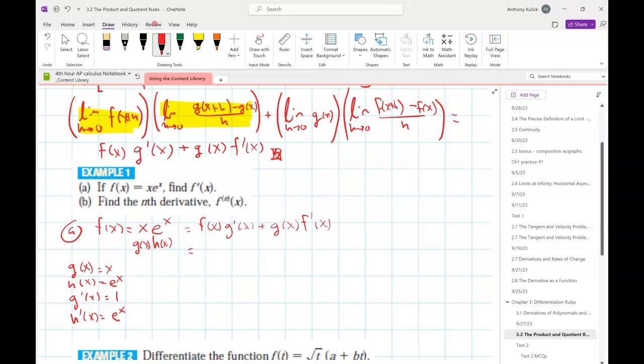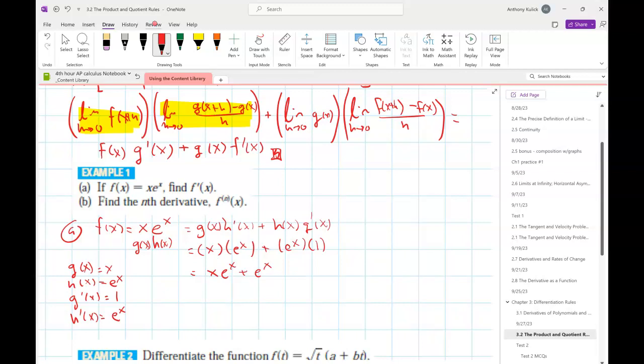So I guess I used h's and g's here, folks. Let's say g, h, h, g. There. HGTV. So I have x times e to the x plus e to the x times 1. So x e to the x plus e to the x.